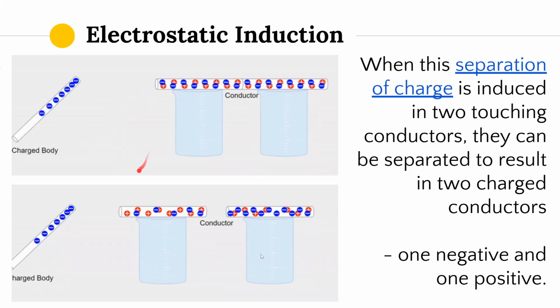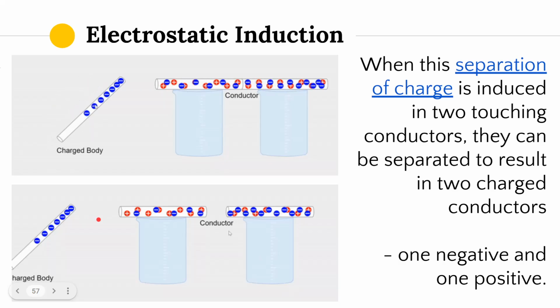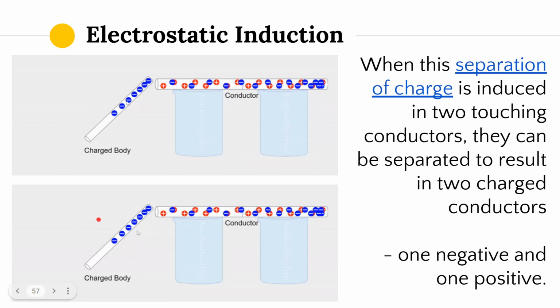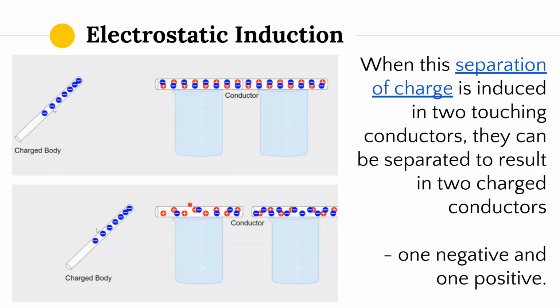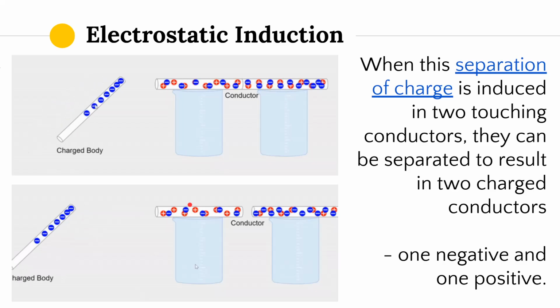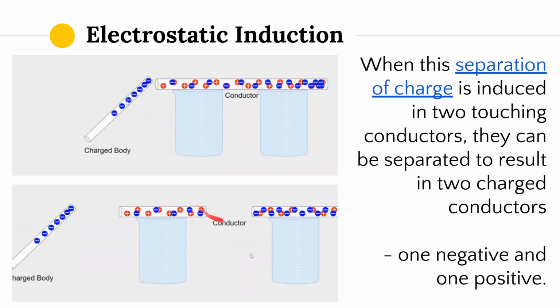If you cause this polarization and then separate these two objects, because you had polarization first, you end up with an object on the left-hand side that has a positive charge because it lost some of its electrons. They went into the other rod. And the one on the right-hand side has a bunch of extra electrons, and so it has a negative charge. That is charging by induction.